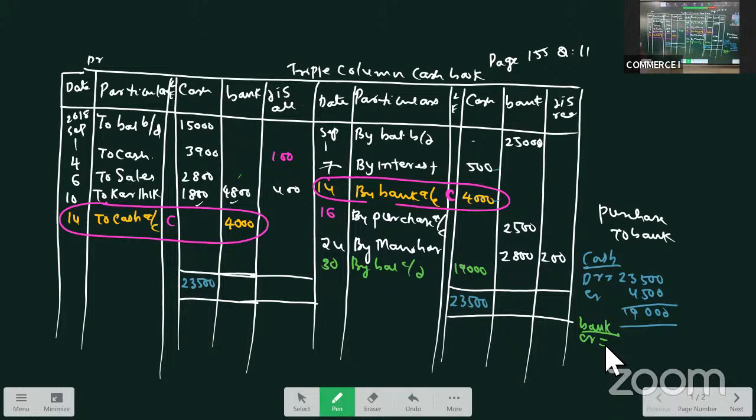The total on the credit side is 30,300. From this, deduct the debit balance. Debit we have only 8,800. So deduct 8,800. How much you'll get?